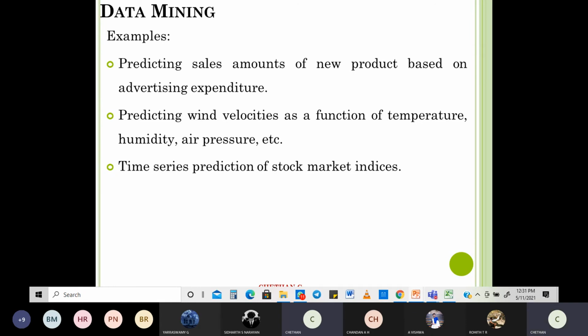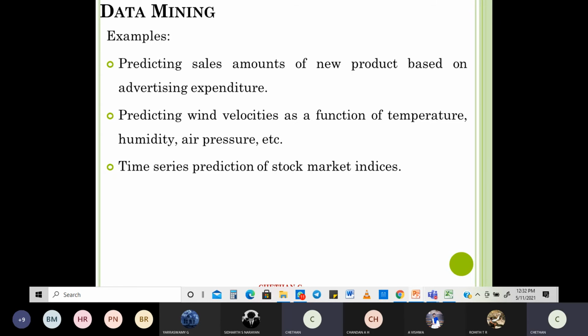When you watch any weather forecasting program, these things will always be there. Temperature, wind velocity, humidity. Based on these, they'll tell what is going to happen in the next 1 day, 2 days, or on that particular day, whether it's going to rain or not.